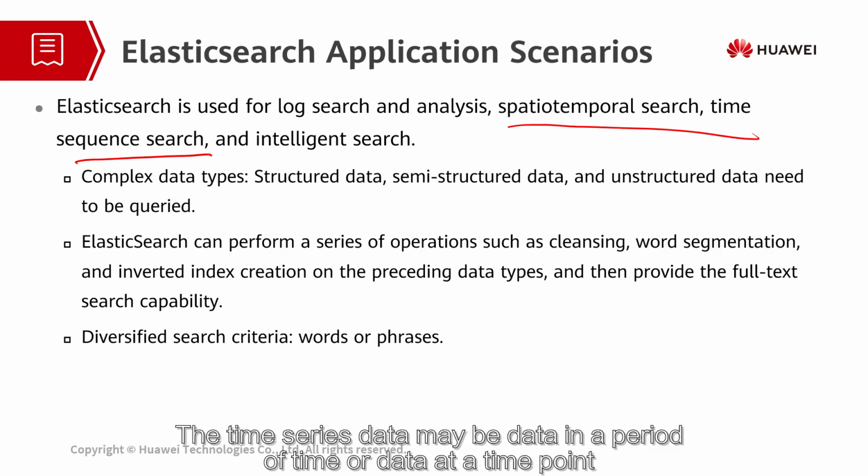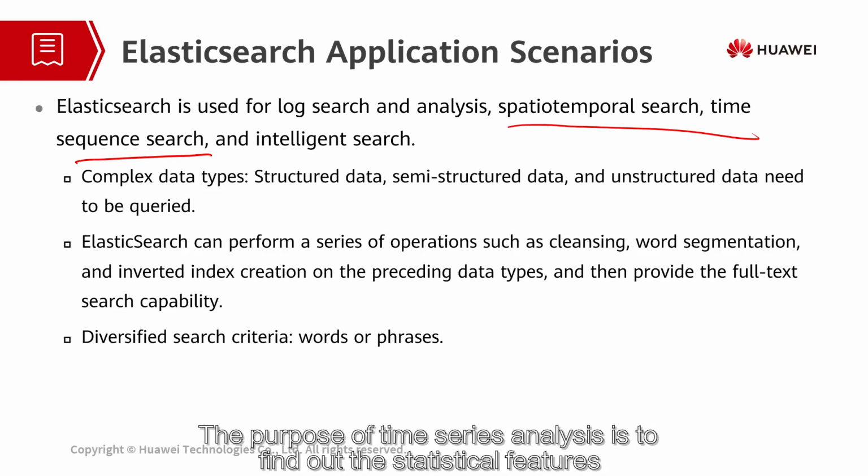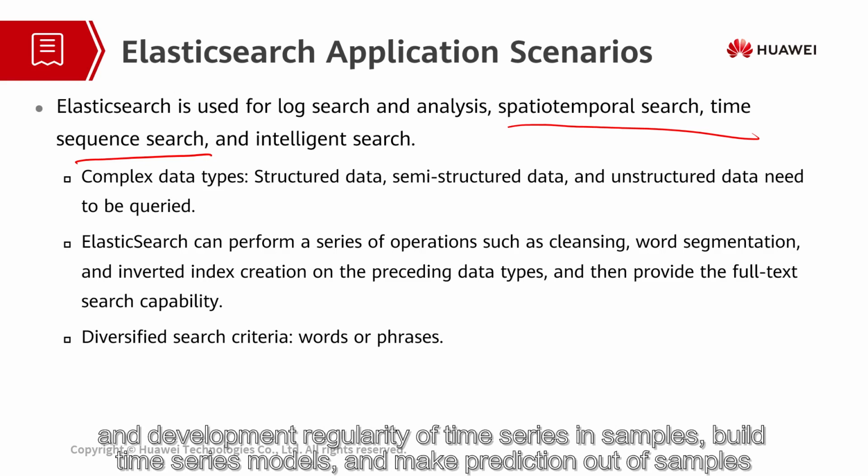The time series data may be data in period of time or data at a time point. The purpose of time series analysis is to find out the statistical features and development regularity of time series in samples, build time series models, and make prediction out of samples.